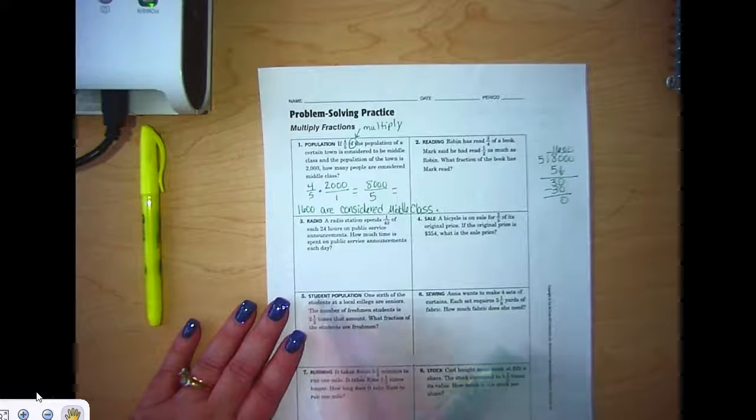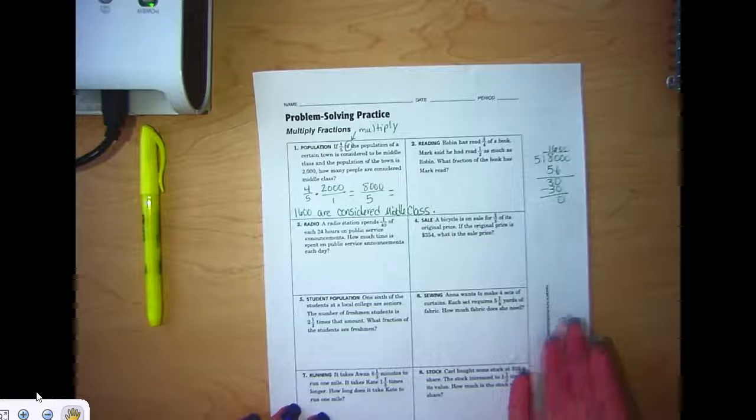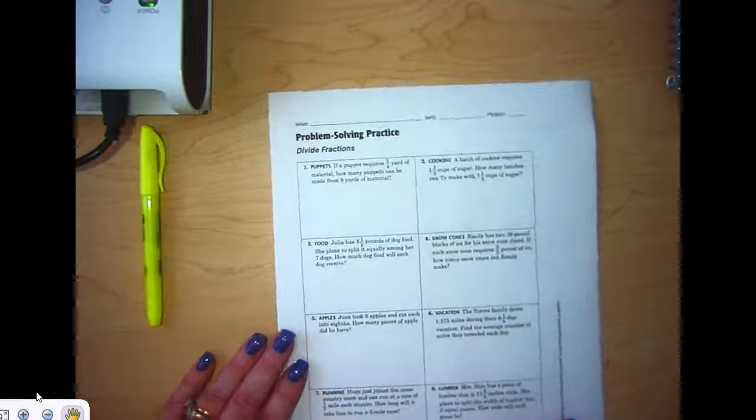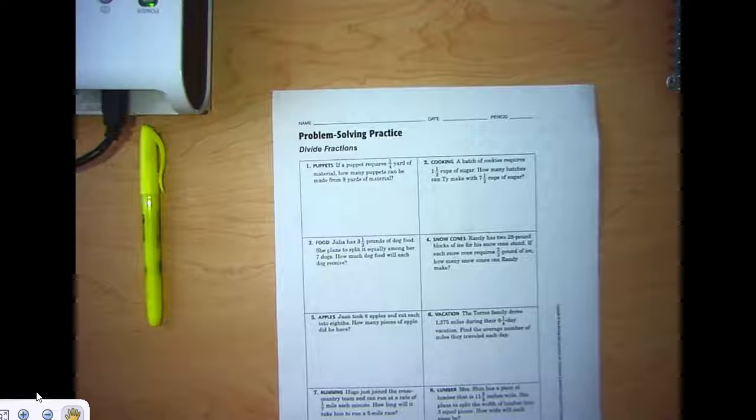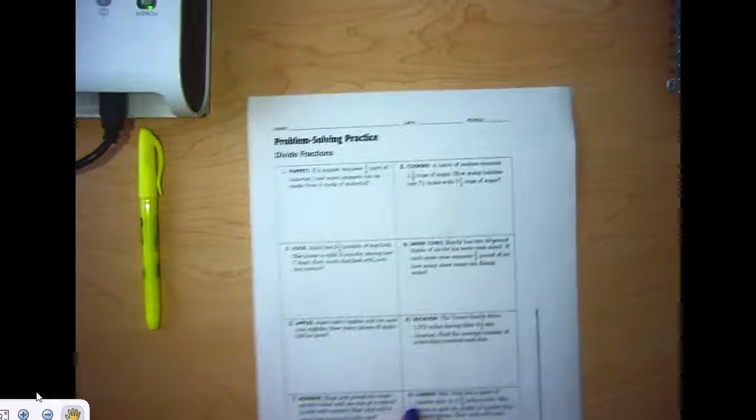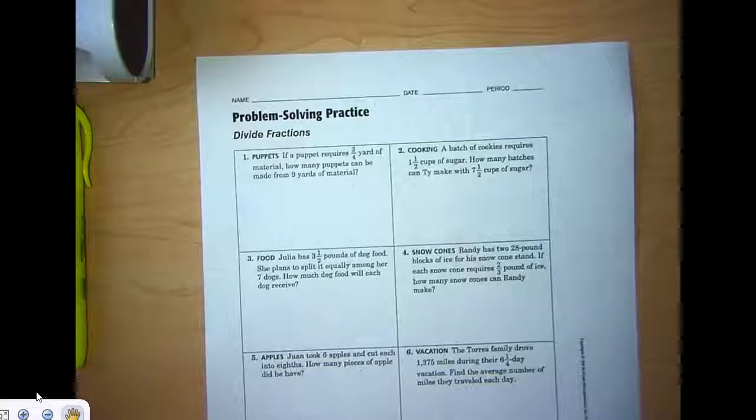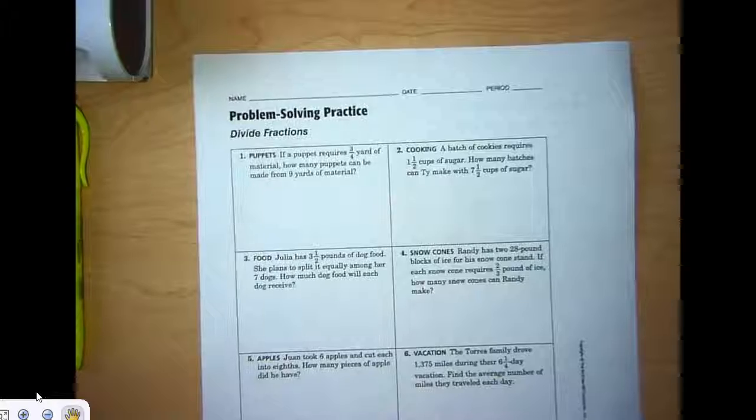All right, so you're going to work on multiplying fractions on this side. Let's turn it over. Dividing fractions on the other side. If a puppet requires 3/4 yard of material, how many puppets can be made from 9 yards of material? So the tricky part of dividing fractions is you have to decide what part is going to be split.